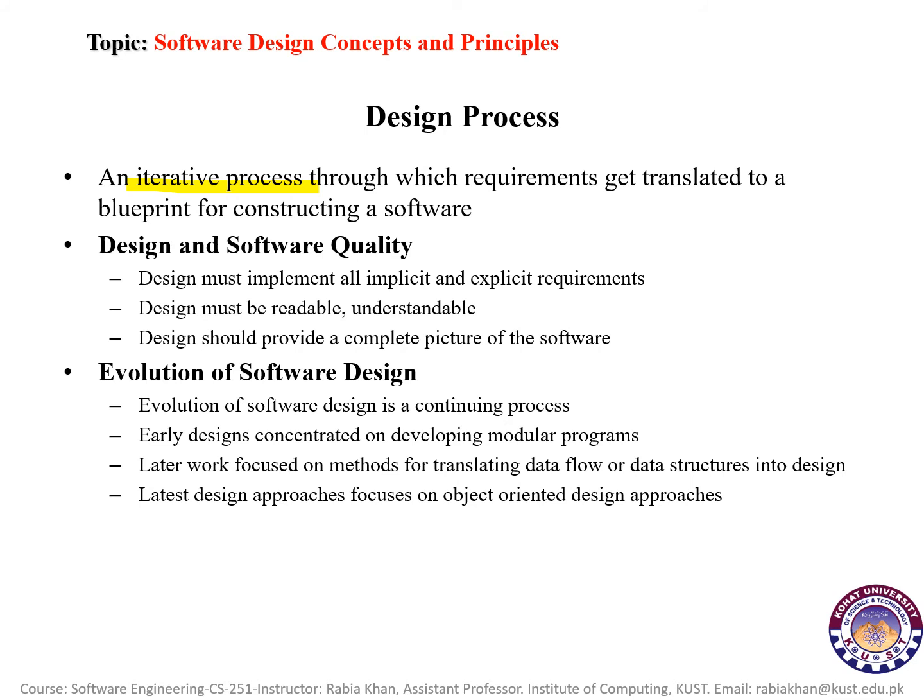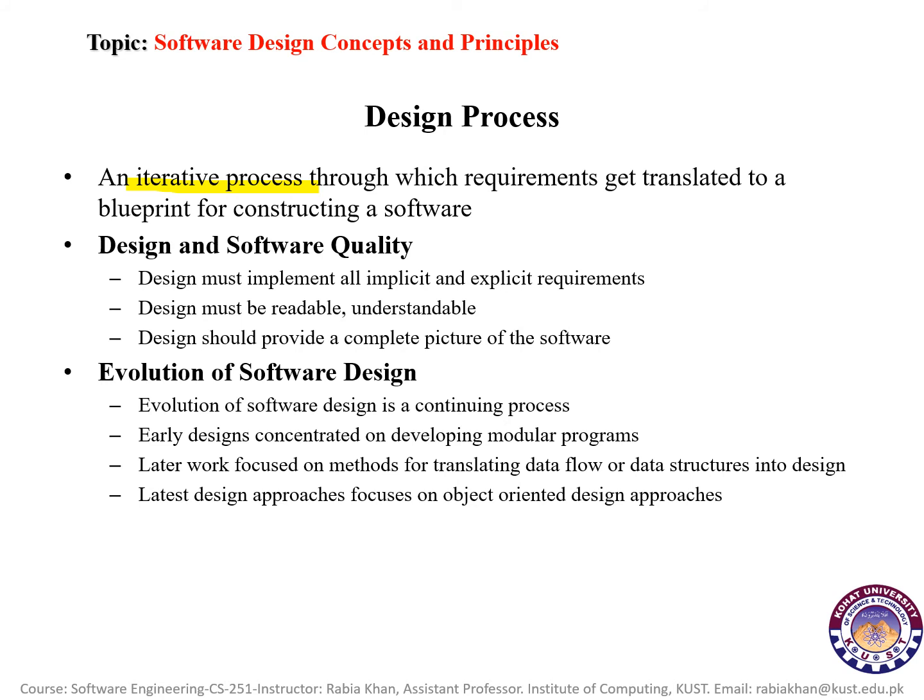Initially, the blueprint depicts a holistic view of software. That is, the design is represented at a high level of abstraction, a level that can be directly traced to the specific system objective and more detailed data, functional, and behavioral requirements.